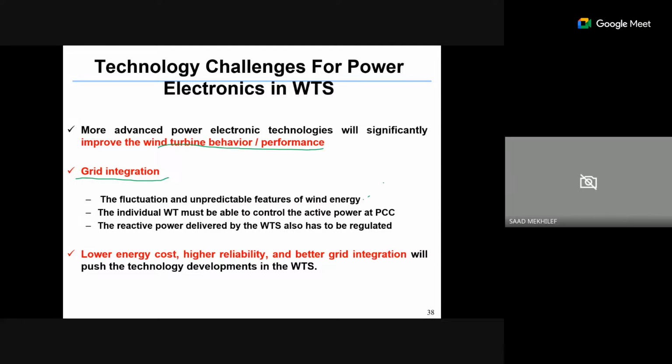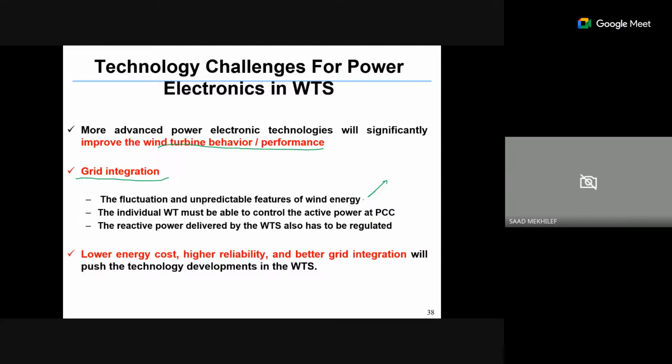We can use forecasting or prediction, not only from the source side but also from the load side. Load predictions are quite accurate because of a lot of data. However, for wind, we still need more.